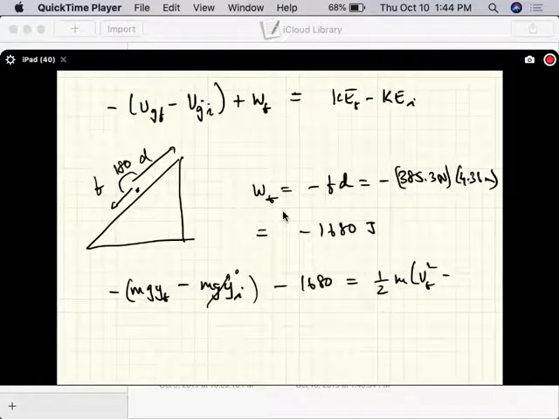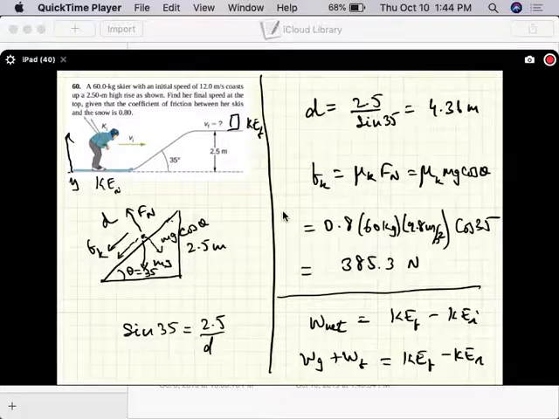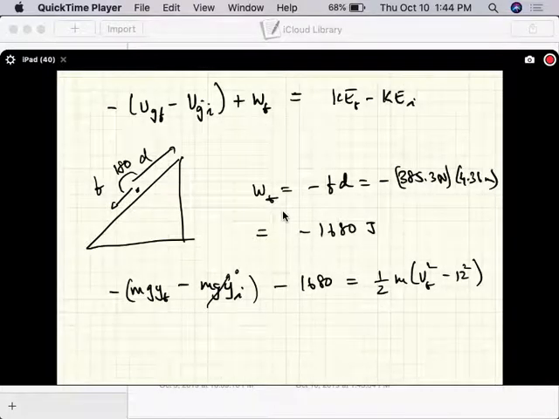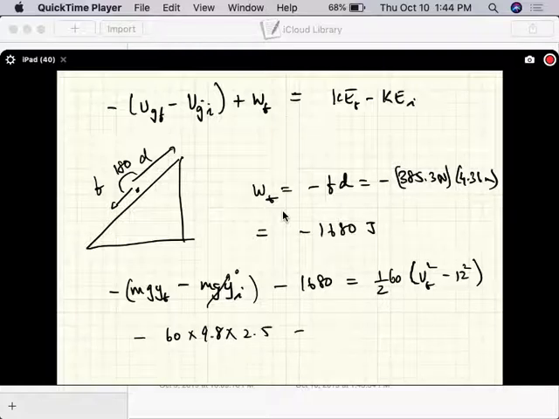Initial speed was 12 meters per second, and we'll put in the mass, 60 kg. Now in this equation everything is known but v final. So minus 60 into 9.8 into y final, which is 2.5 meters, minus 1680 equal to 30 times (v final squared minus 12 squared).